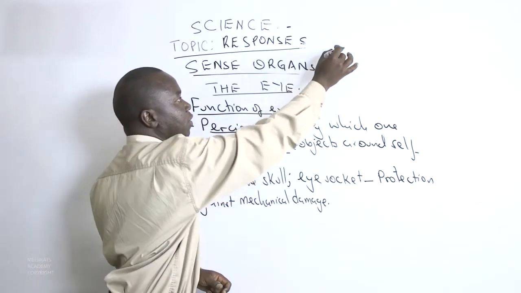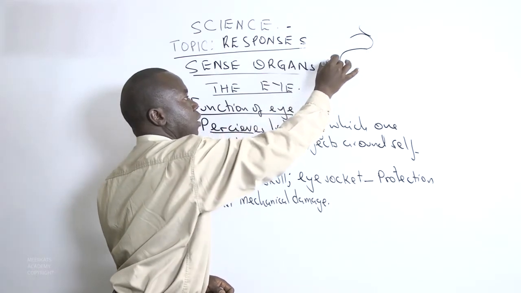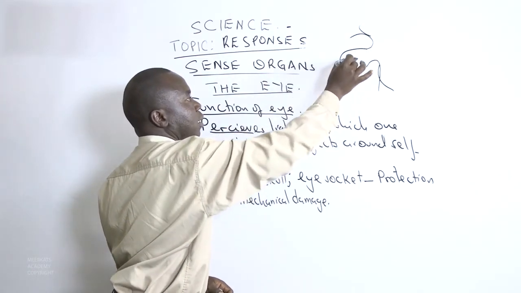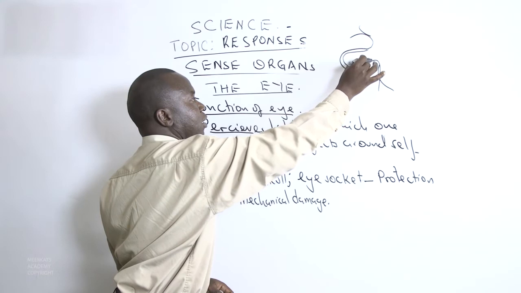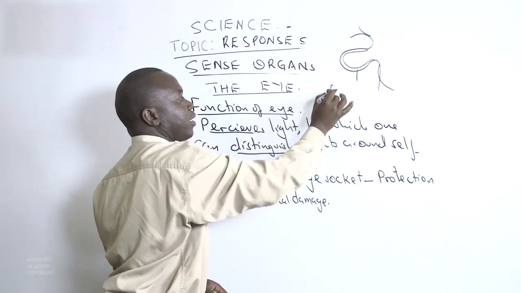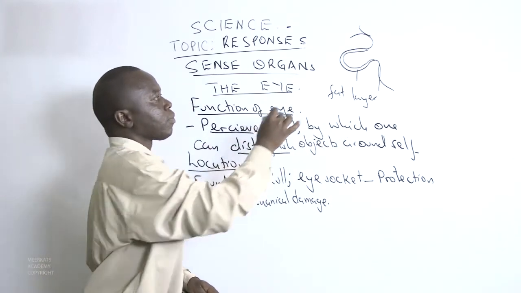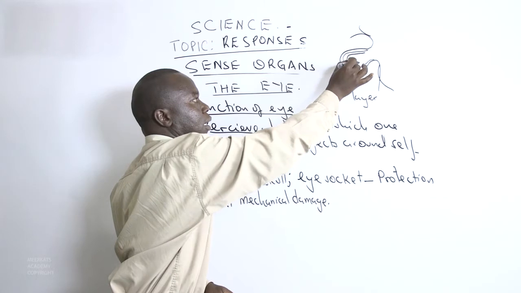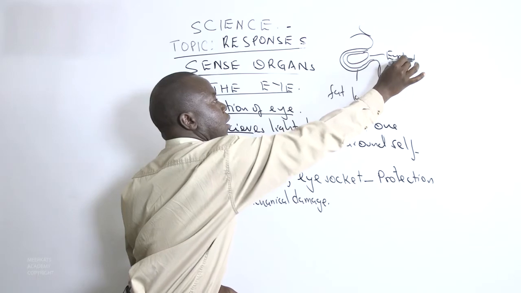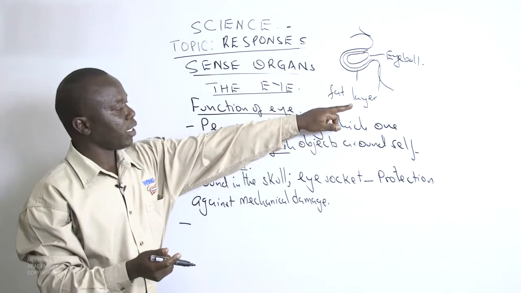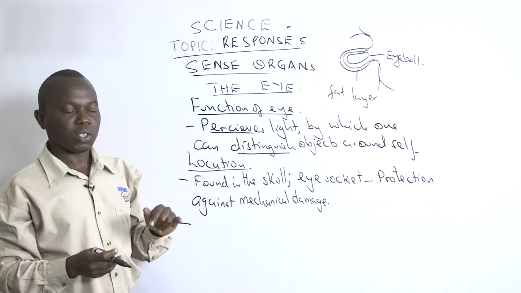If that's the eye socket, underlying this eye socket is a layer of fat, and then the eyeball will be there. The reason why we have a fat layer is to cushion the eyeball against mechanical shocks.